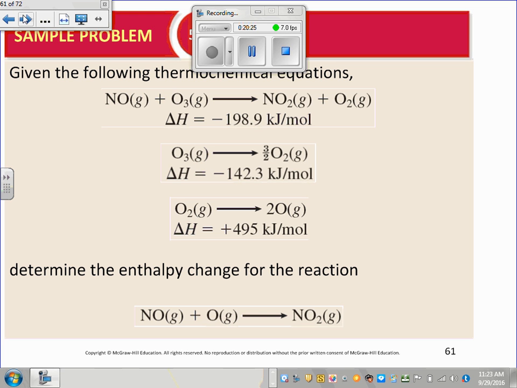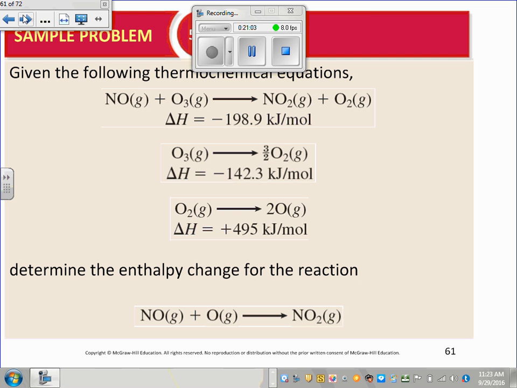Okay. Now I got the NO2, but wait a minute. I have to get rid of the O3, and I have to get rid of some of the oxygen. So if I take the second equation, since here I have the O3 on the left, to get rid of it, on the next equation I want the O3 on the right.